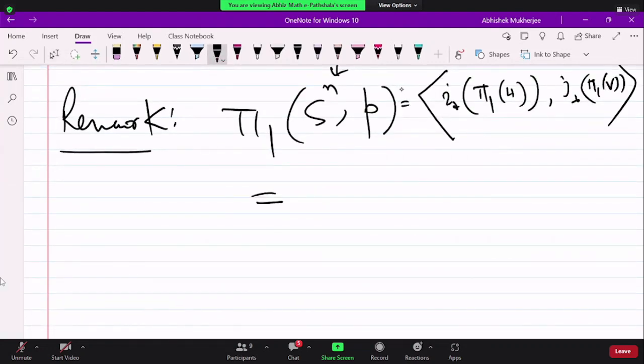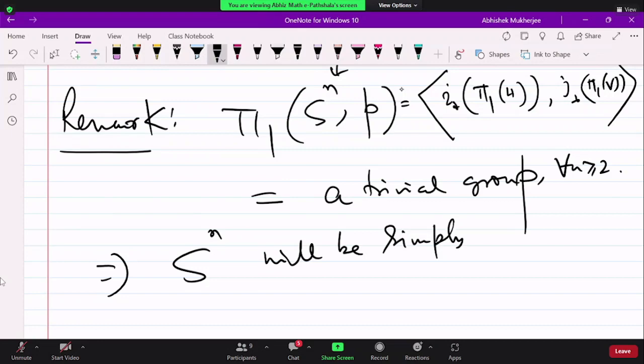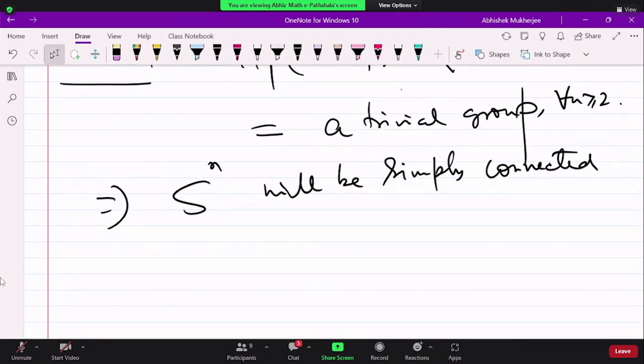So this implies this will be a trivial group for all n greater or equal to 2. Okay. So that means S^n will be simply connected. Although S^1 is not, if you go up in the higher dimensions, then S^n will be simply connected. Okay.